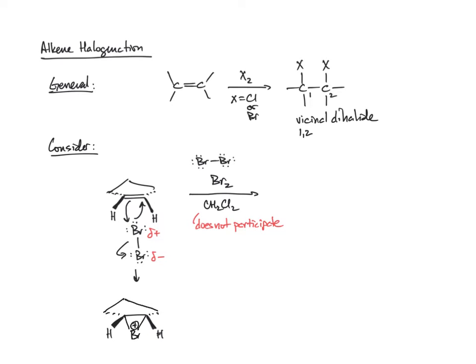So the bromide anion that left is going to then approach from the other face, the top face, and attack. So it's going to attack in an anti or 180 degree fashion.